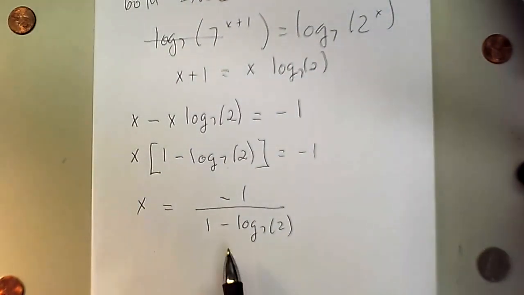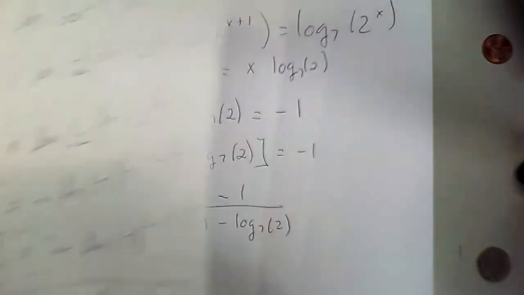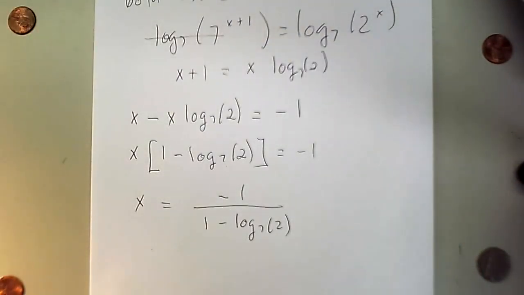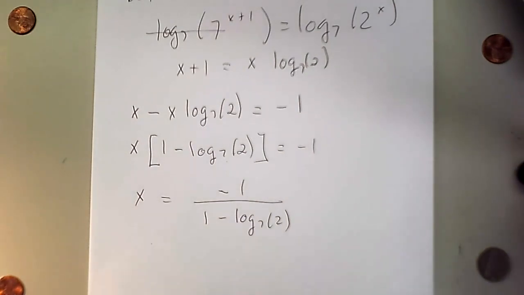That's the same answer. If you punch this into a calculator, and I invite you to do that in a graphing calculator, we should end up with the same answer, the same decimal. If you're off by like the very last digit, that should be okay.